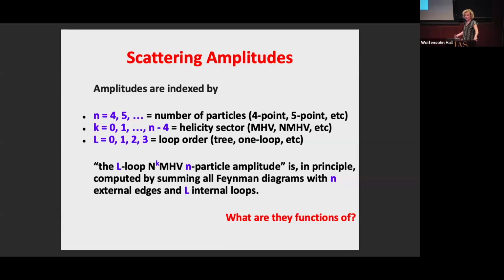You hear MHV, NMHV, and NNMHV. Each particle has plus or minus, and that tells you how many pluses and minuses the amplitude has. And finally L, the loop order: you hear physicists talk about tree level, 1 loop, etc. So N, K, and L are the indices on each amplitude.